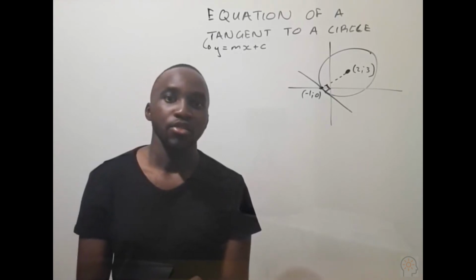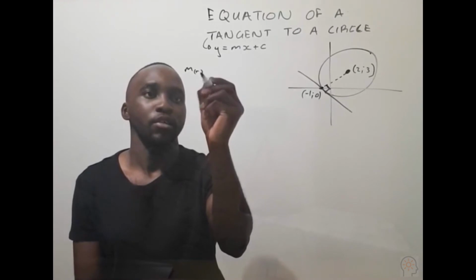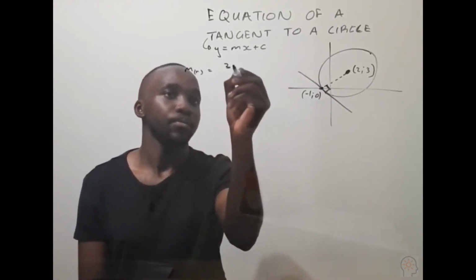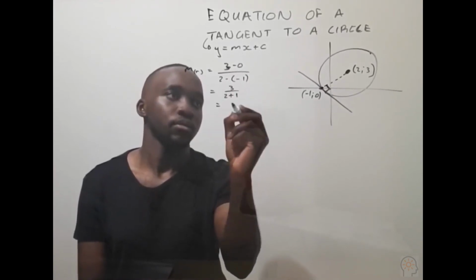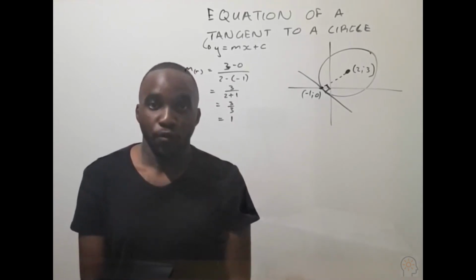Okay, so getting the gradient of our radius, let me label it mr. We know that we can use the normal gradient formula, right? So that's the gradient of our radius.